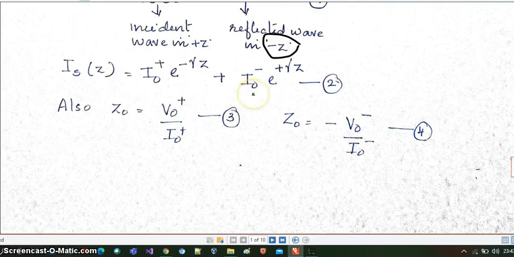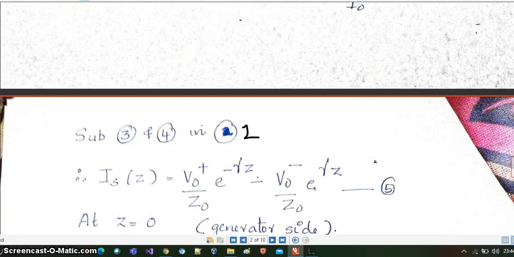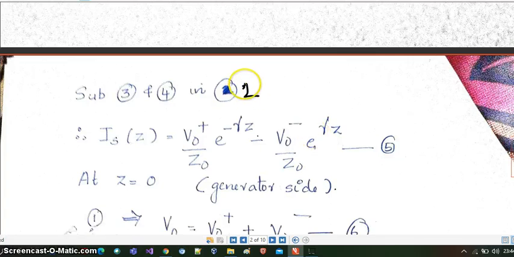Similarly, I0- can be substituted as V0- by Z0. So finally equation 2 looks like this, that is Is(z) is equal to V0+ by Z0 exponential minus gamma Z minus V0- by Z0 exponential gamma Z.